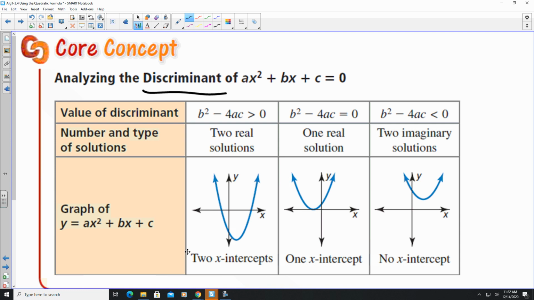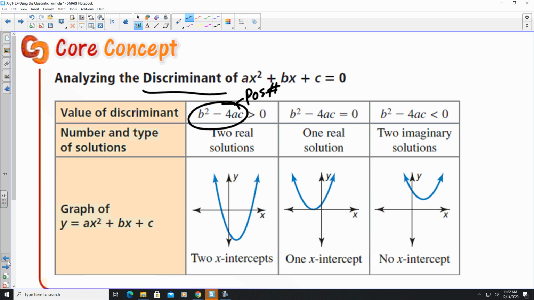So if you find the result of the discriminant and it's any positive number, that means you're going to have two solutions or two x-intercepts. If the discriminant equals 0, that means you're going to have one x-intercept or one real solution. And if you have a negative number in the discriminant, they are imaginary numbers.